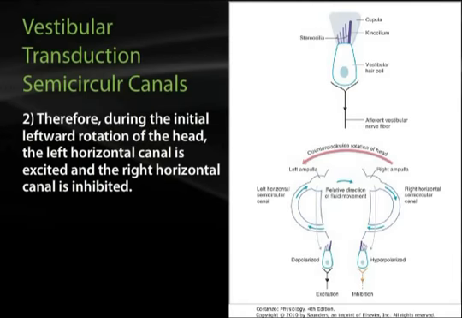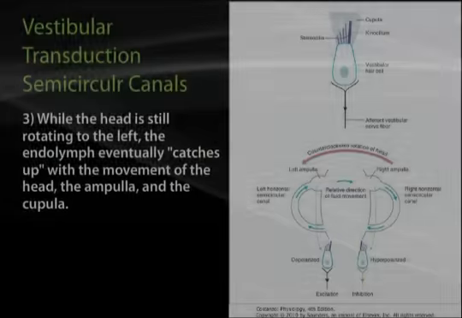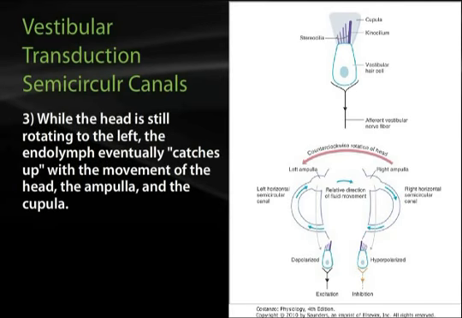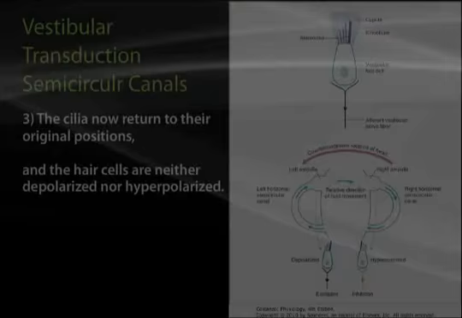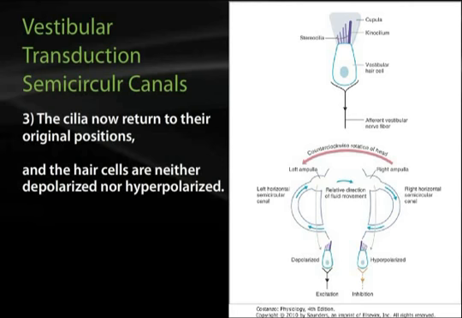Therefore, during the leftward rotation of the head, the left horizontal canal is excited and the right horizontal canal is inhibited. While the head is still rotating to the left, the endolymph eventually catches up with the movement of the head, the ampulla, and the cupula. These now return to their original positions, and the hair cells are neither depolarized nor hyperpolarized.